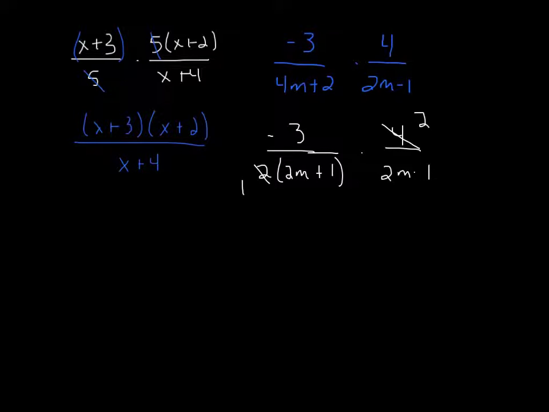And so we are left with negative 6 over 2m plus 1 times 2m minus 1. There you go. And hopefully you notice those are a difference of 2 squares. Okay, just so you know. All right, I mean, that's it. That's all there really is to it.